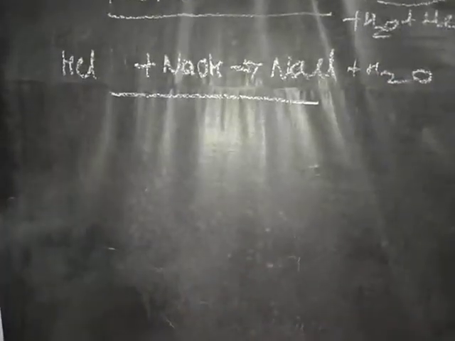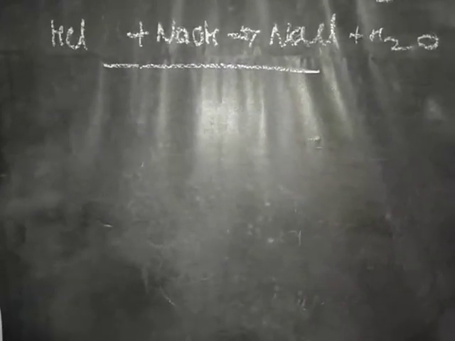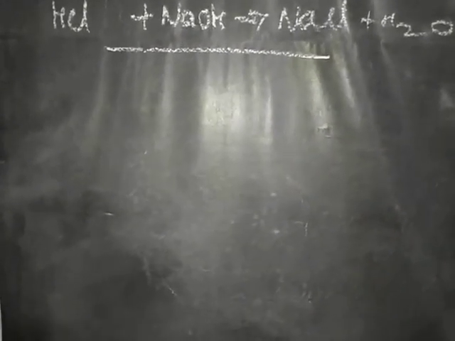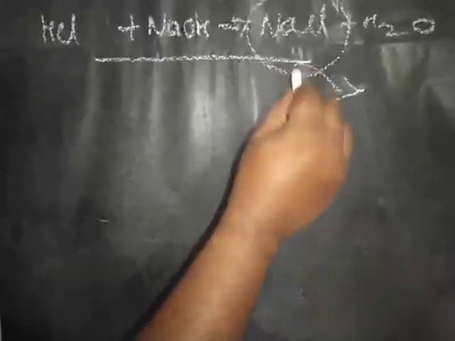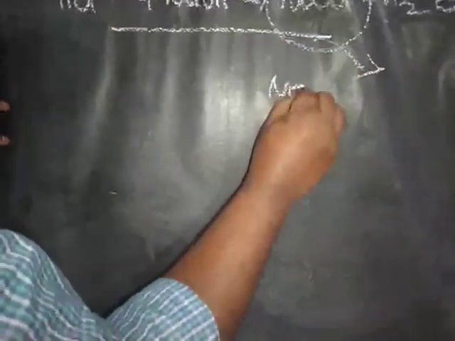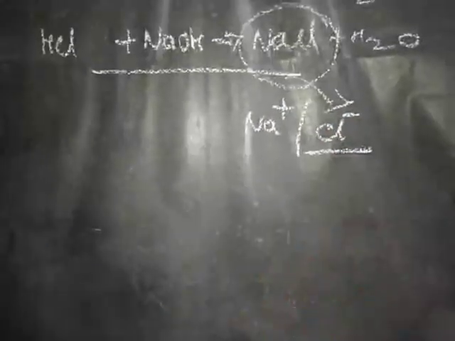Salts produce positive ions and negative ions when dissolved in water. If you take sodium chloride and put it into water, it will produce two types of ions: positive ions, Na plus, and negative ions, Cl minus.